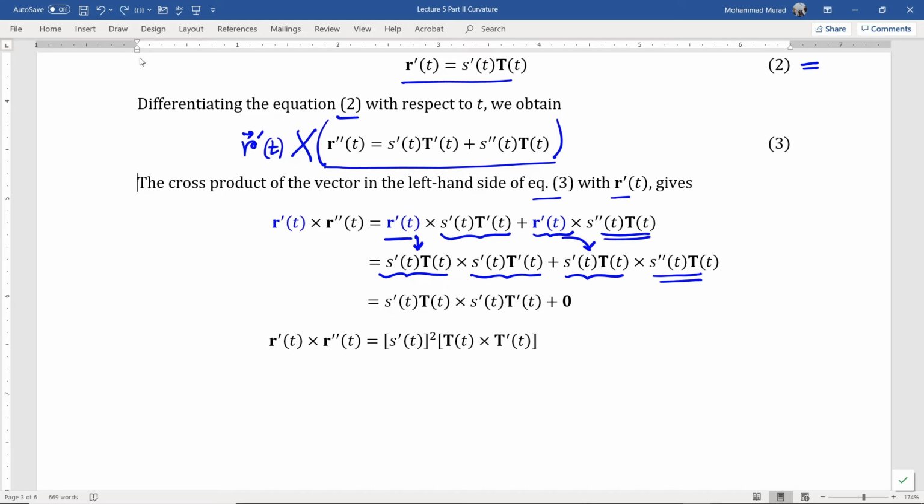Now, the first vector here stays exactly the same, but the second vector here becomes the zero vector, because the cross product of a vector with itself equals the zero vector. Here, s prime and s double prime are scalar valued functions.